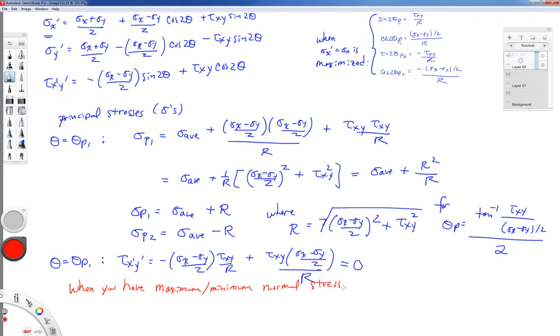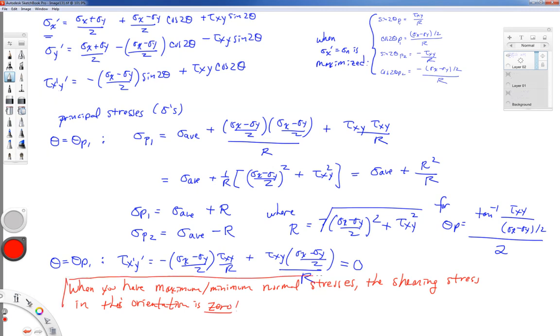So when you have maximum and minimum normal stresses, the shearing stress at this orientation is 0. Again, that's kind of important.